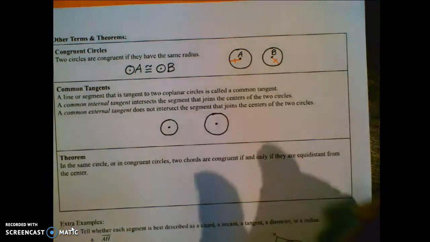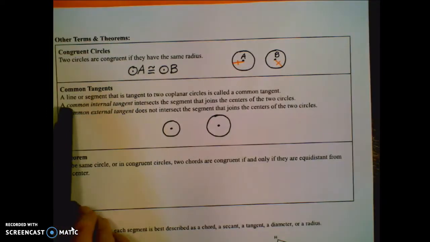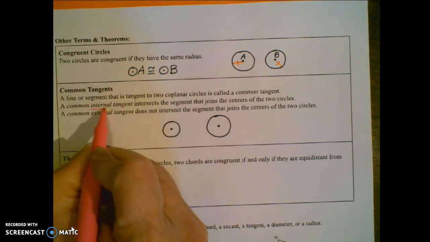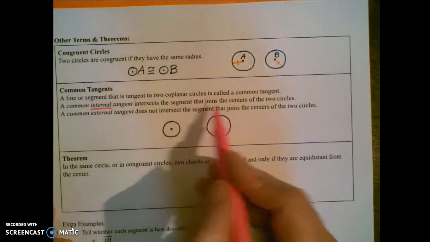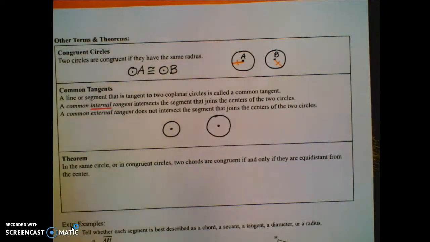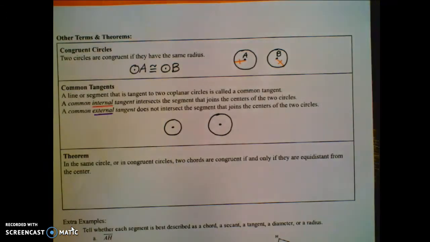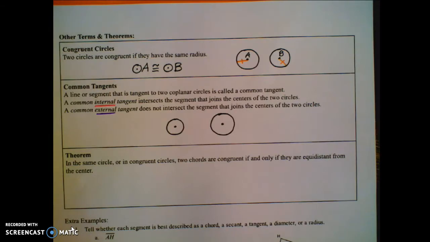And those give us two different types of tangents that exist, and that's what we have defined here. A common internal tangent, I'm going to underline that in pink. A common internal tangent intersects the segment that joins the centers of the two circles. A common external tangent, which I'm going to draw in this lovely purple, does not intersect the segment that joins the centers of the circles.